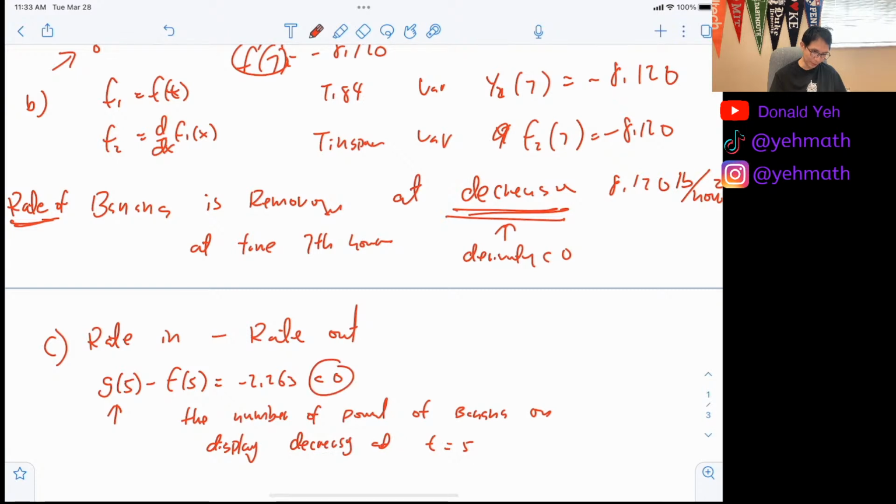Why is it decreasing? Because it's less than 0. The setup part is going to give you 1 point. The answer is going to give you 1 point. What was it again? Negative 2.263. Did you guys get that?